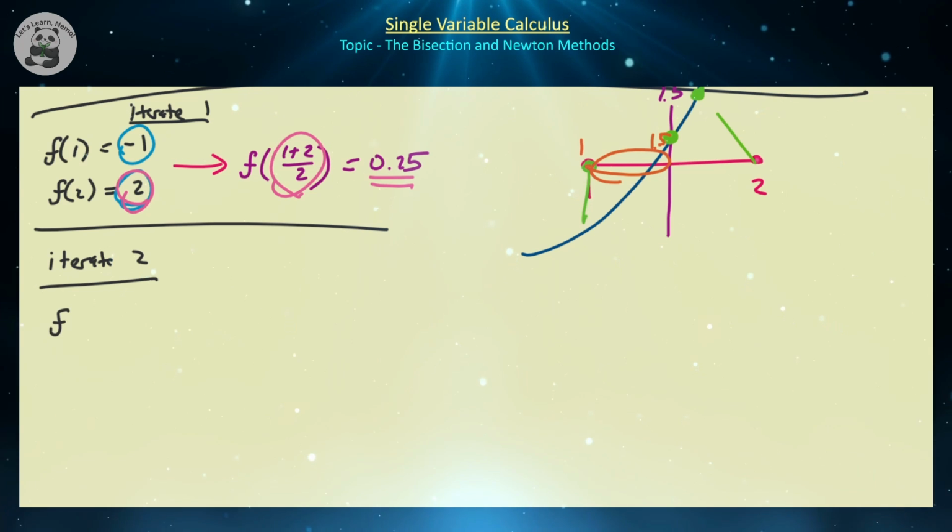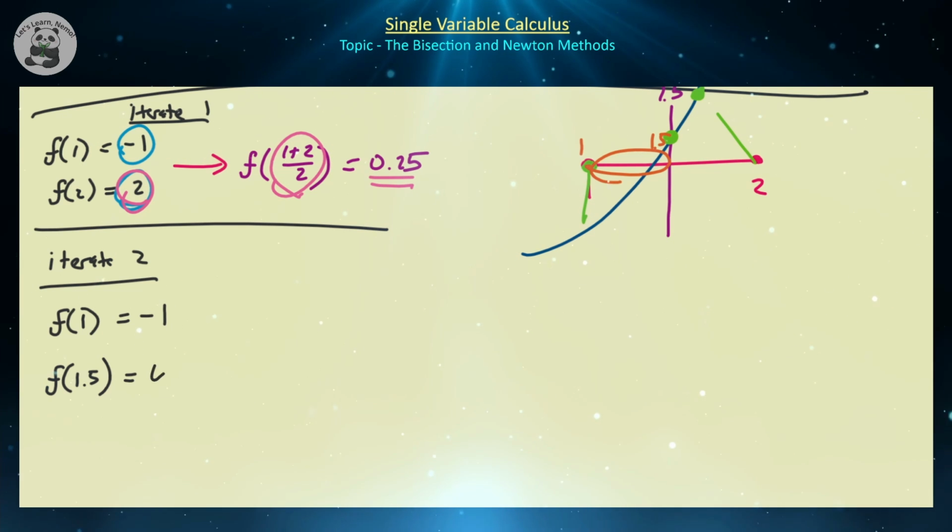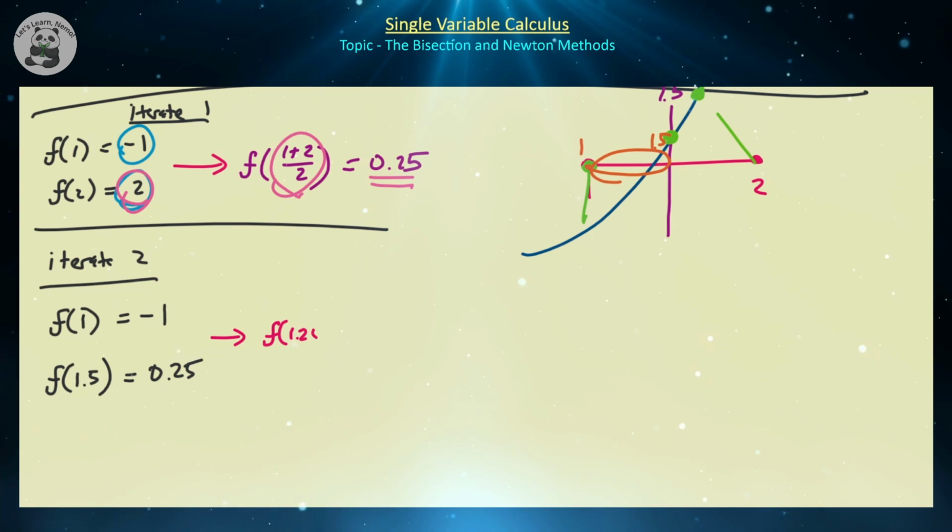Obviously f of 1 is still our negative, but f of 1.5 is going to be our new positive. So f of 1 we know is negative 1, and f of 1.5 is equal to 0.25, which means there's a number in between 1 and 1.5, and in particular the midpoint is 1.25.